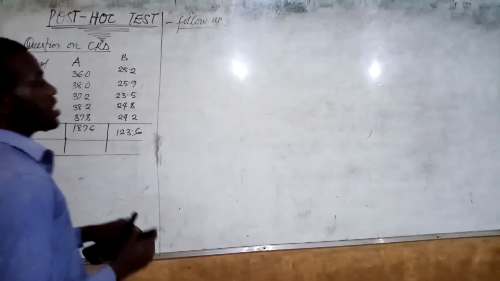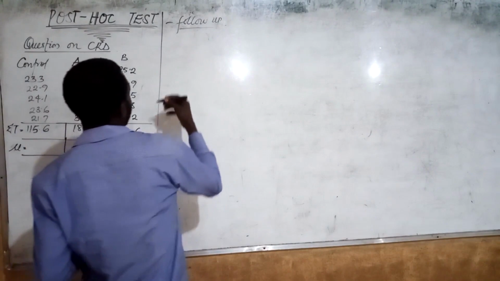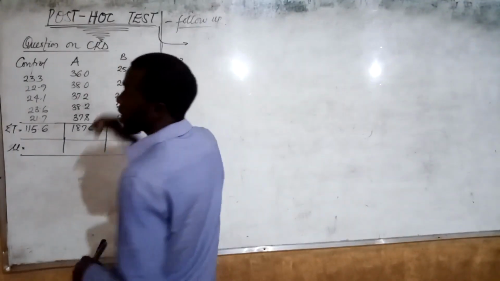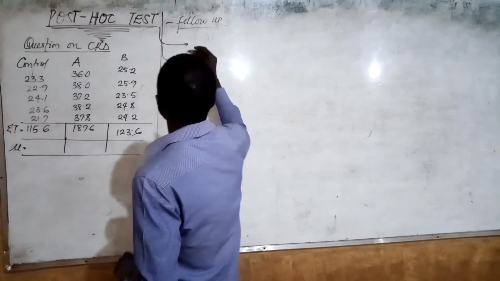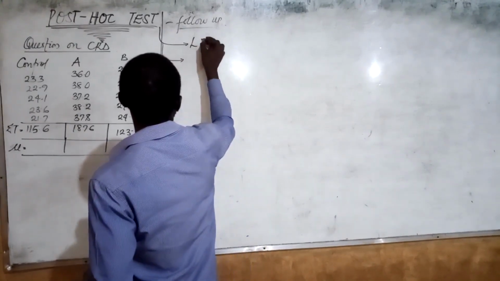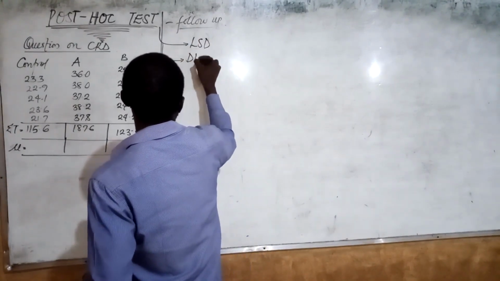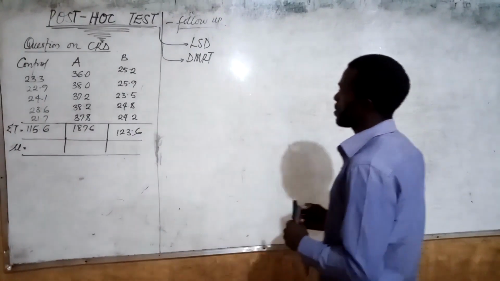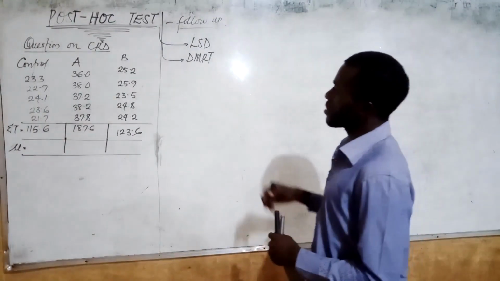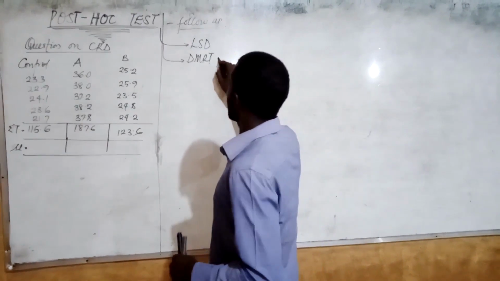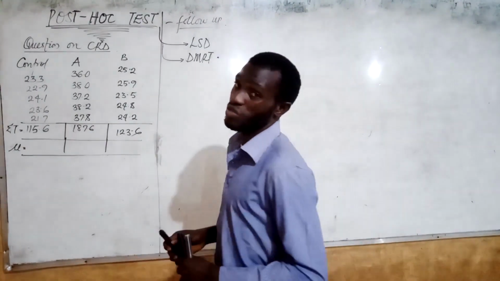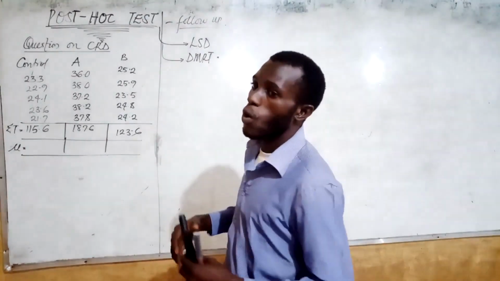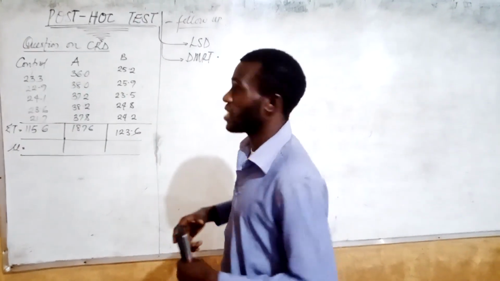post hoc test. Now there are so many post hoc tests in statistics, but in the context of this course, we are going to be using only these two, LSD and DMRT. DMRT has the highest protection level, meaning it's likely to give you the most correct and precise answer.